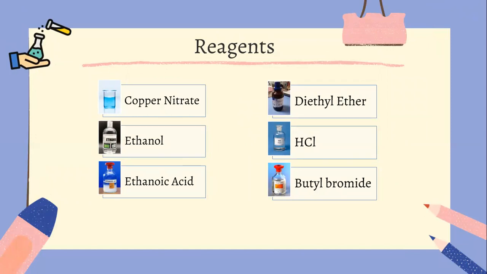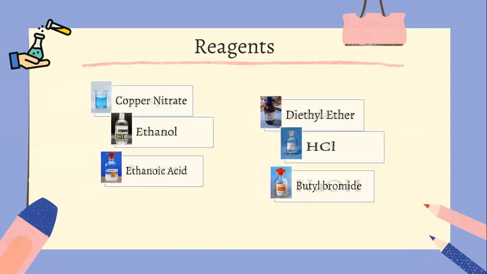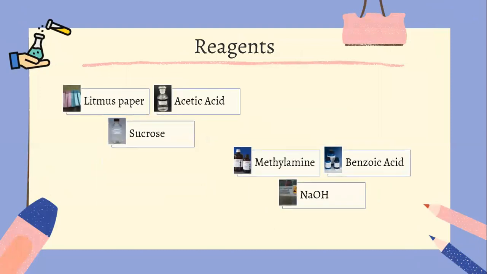So the reagents that were used in this experiment are as follows. Copper nitrate, ethanol, ethanoic acid, diethyl ether, hydrochloric acid, butyl bromide, litmus paper, acetic acid, sucrose, methylamine, benzoic acid, and sodium hydroxide.